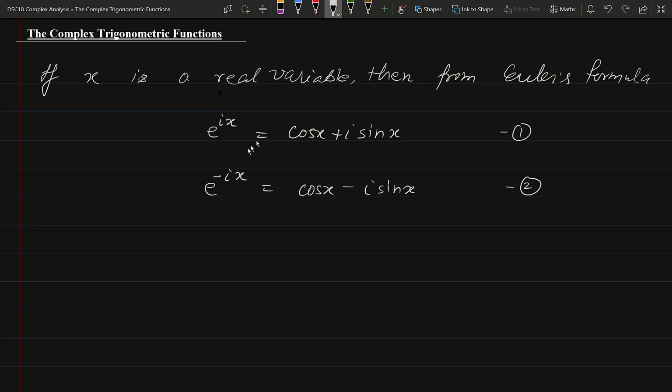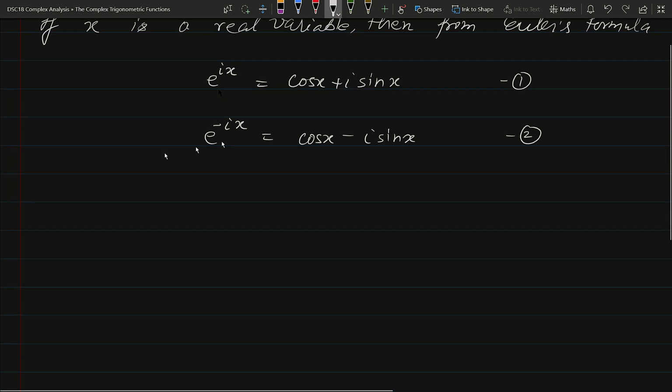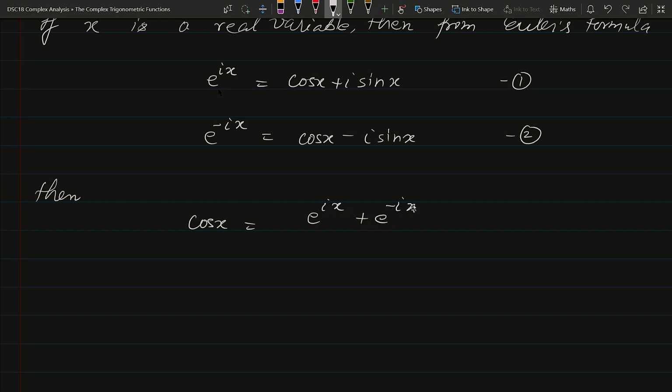Now if we identify cos and sin from here, then you can see the cos function can be given as cos x equals the addition, and when we add, we then divide by 2. So we will have e to the power iota x plus e to the power minus iota x over 2, and you can have sin x also.